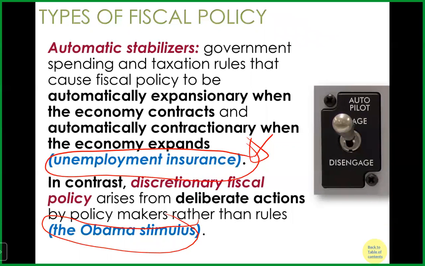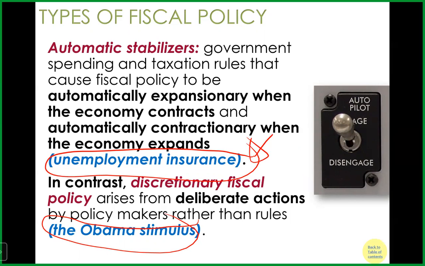How does that work? Unemployment insurance basically applies when you lose your job. Now, how can that stabilize the economy? You ask yourself, in which case are there more people demanding unemployment insurance? In recession or in expansion?